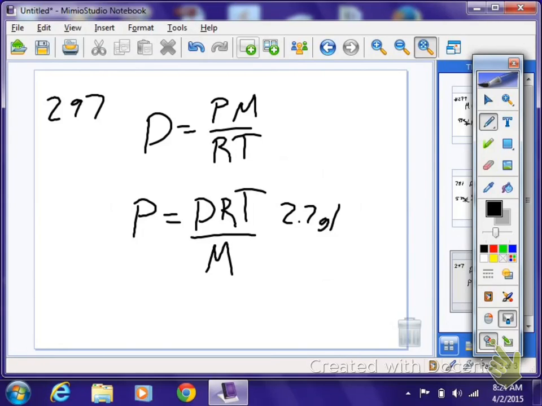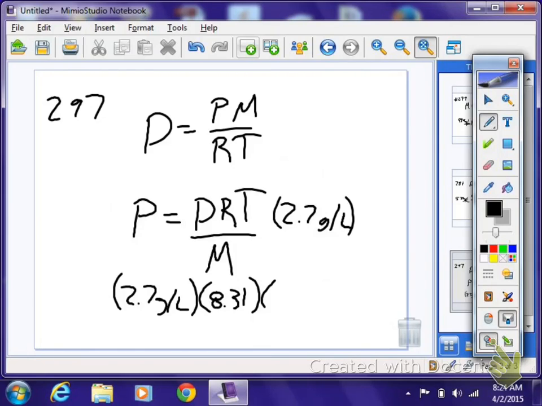That's grams per liter. I'm going to run out of room. That's okay. I'll put it down here. Okay. R has to be, what did they want it in? Pressure in kPa, so it's 8.31.